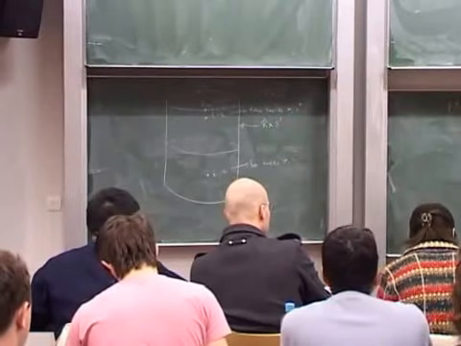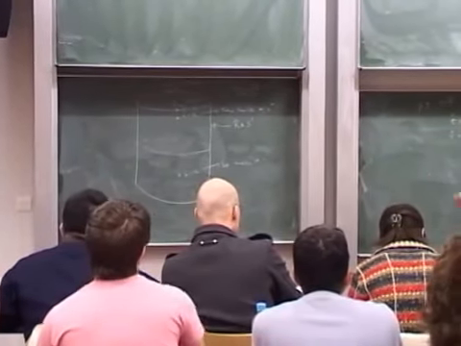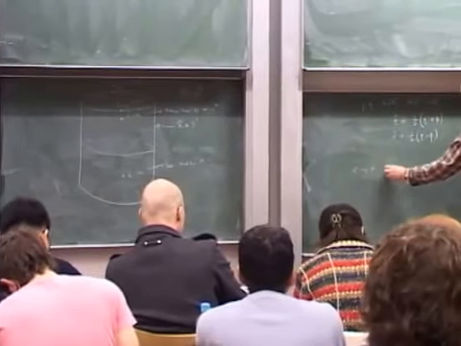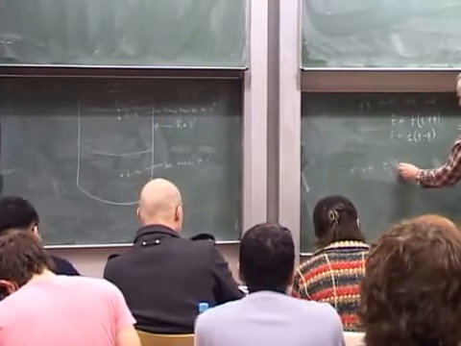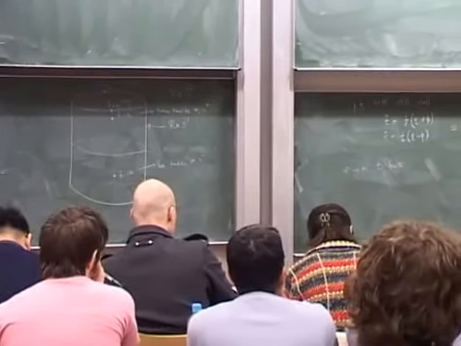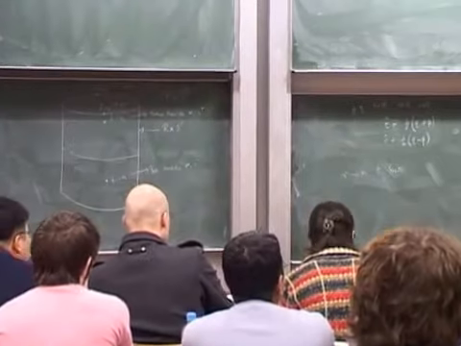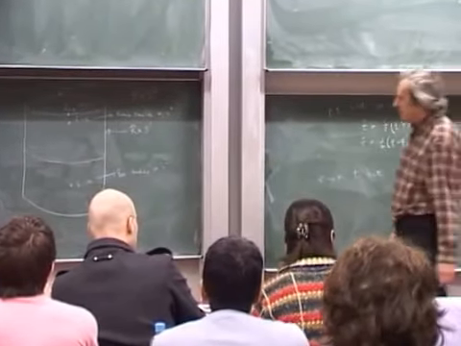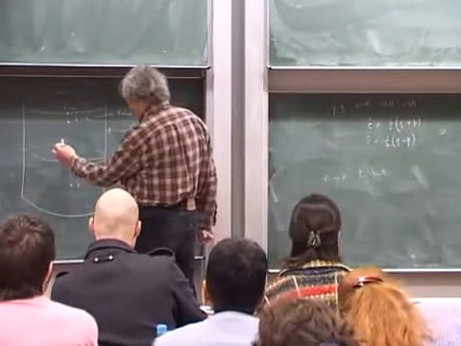If you send R to infinity and T finite, then you will end up at the point T hat equals 0, R hat equals pi by 2. So that is this point over here.